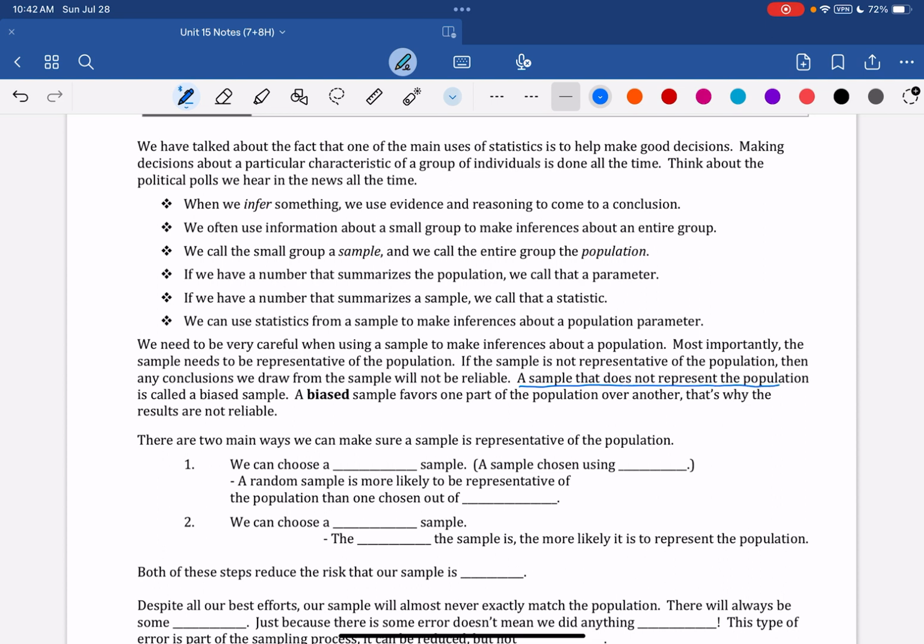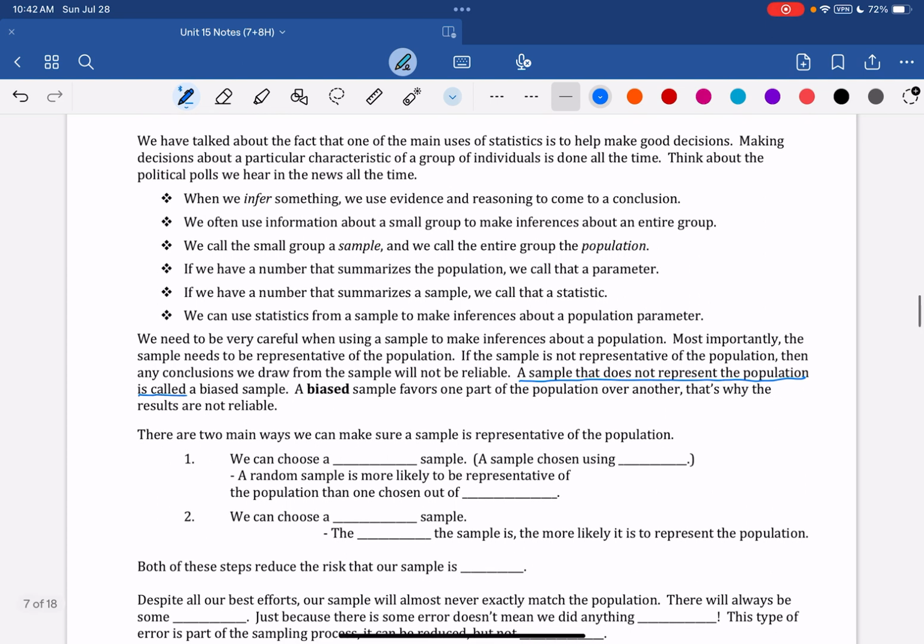No matter how careful we are, we have to take into consideration that there may be some sample bias. A biased sample favors one part of the population over another, which is why the results can't always be 100% accurate unless you sample everybody. It's not going to represent the entire population.